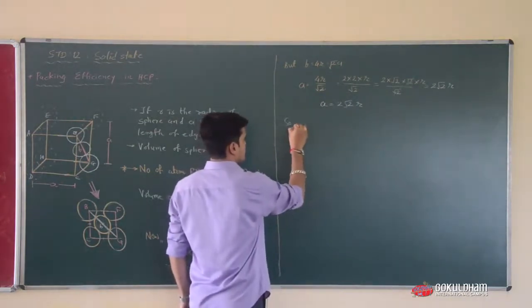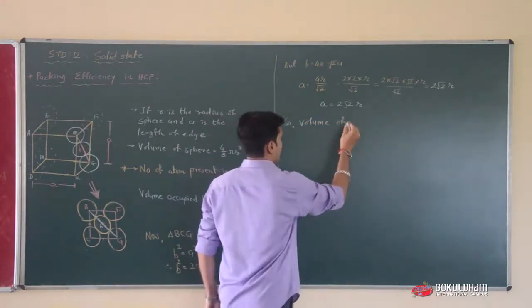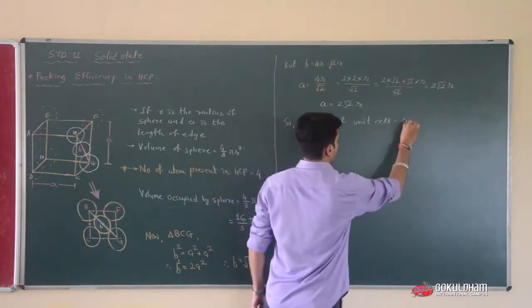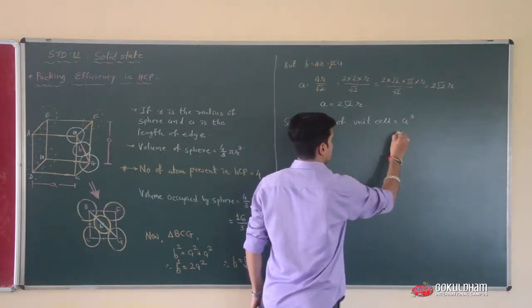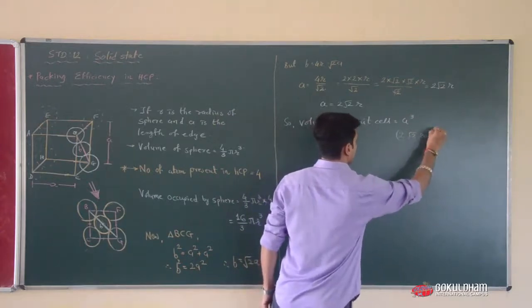So volume of unit cell is equal to a cube. So 2 into under root 2 into r, whole cube.